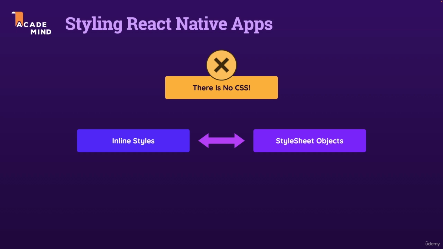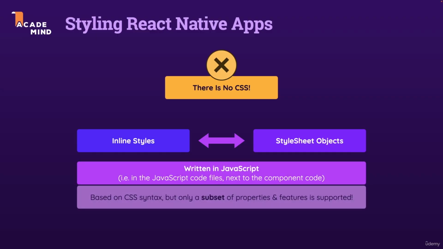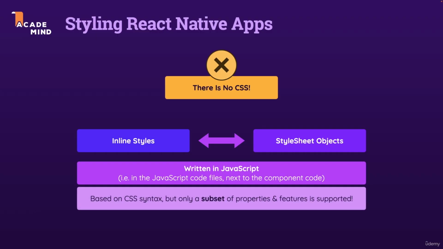Now we do define our styles in JavaScript then, but the JavaScript properties we can set are inspired by the CSS language, though it's only a subset of the properties and features supported by CSS, and not all the names are exactly the same, as you will see.